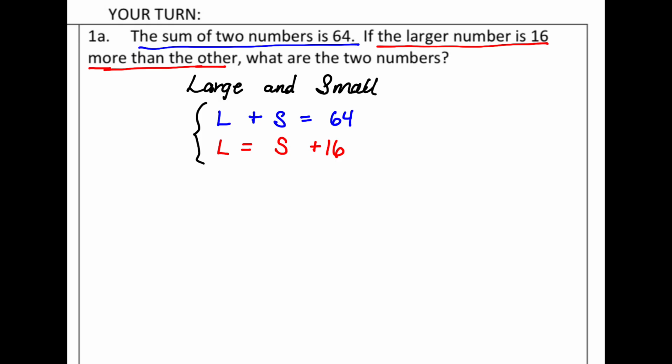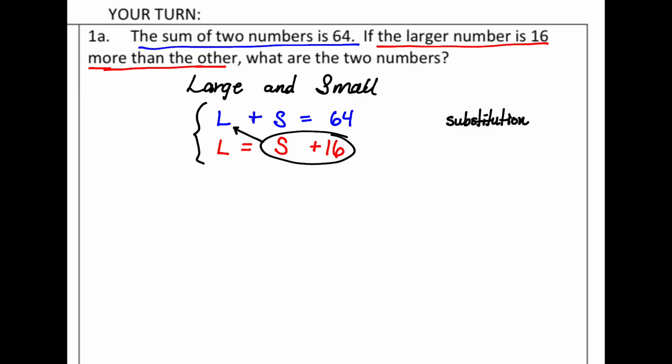That's the whole fun of it. Now this one's set up specifically for substitution because I have L equals all by itself over here. So I'm going to take this entire S plus 16, because it's equal to L, and put it in here for L.